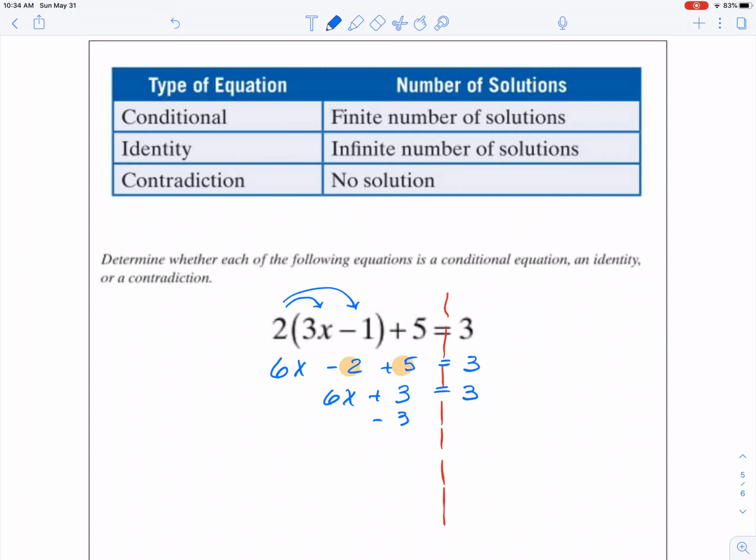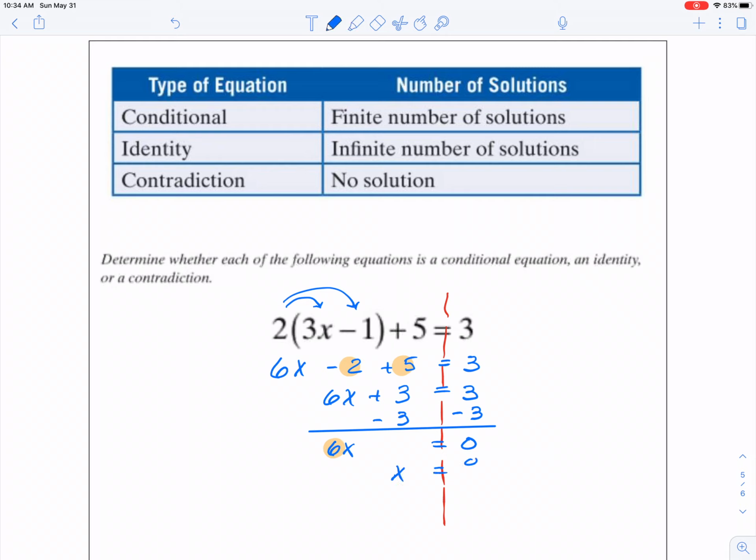Just to shorten it a little bit, and now I'm moving that constant term 3 over to the right-hand side and dividing by this numerical coefficient on the variable x.